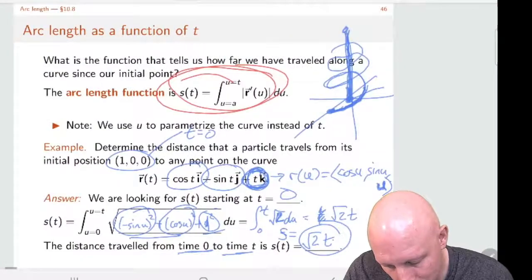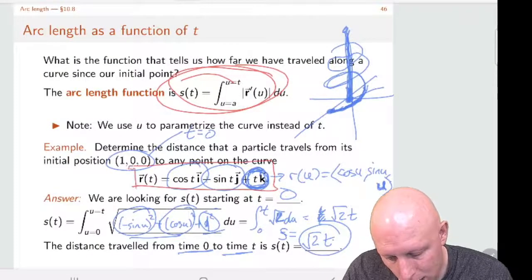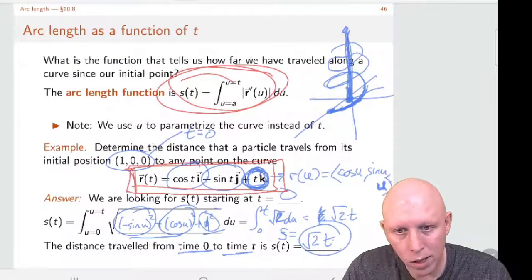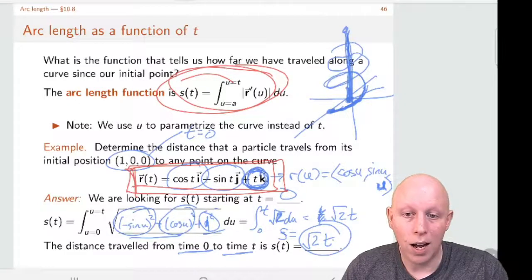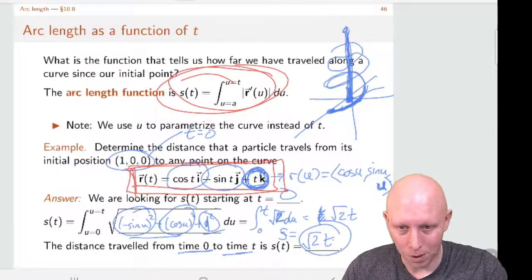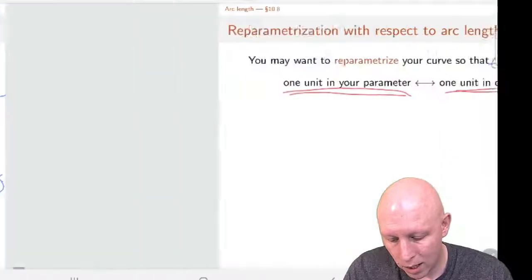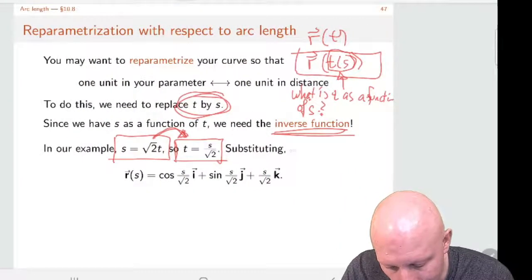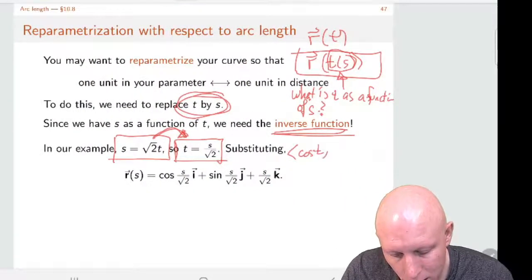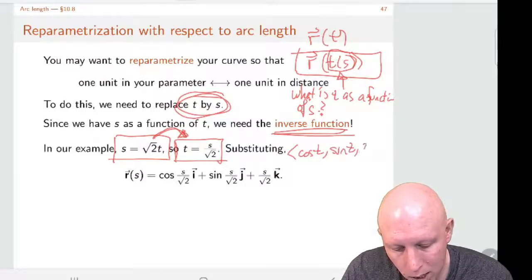This function was r of t equals cosine of t, sine of t, t.